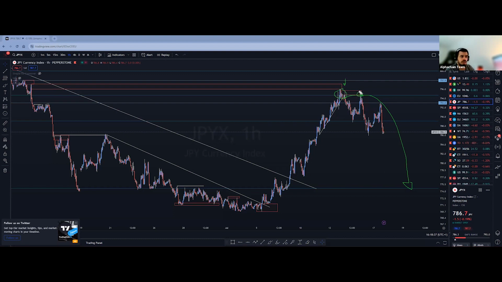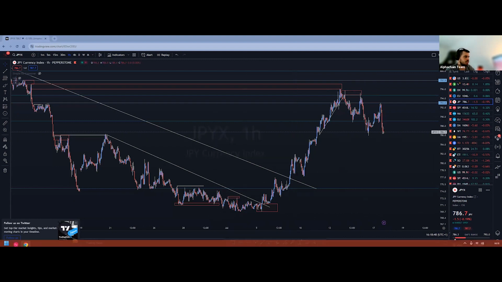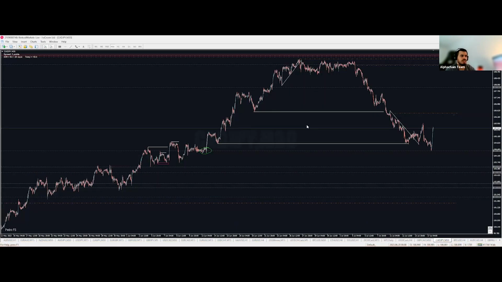And then you can start paying attention to which ones are lagging, and is there any good opportunity to maybe rejoin the move, because maybe now I can still take advantage of the yen pair that is lagging, if I'm thinking that the yen index is about to make that big move to the downside.